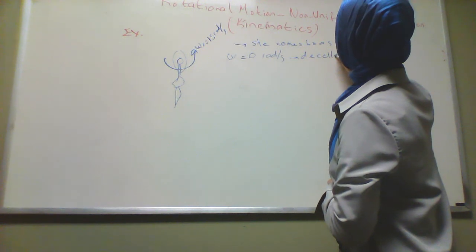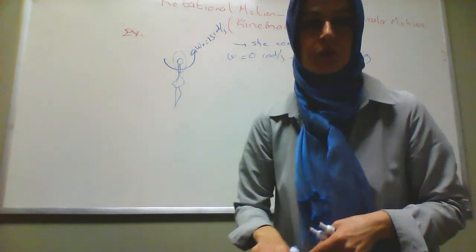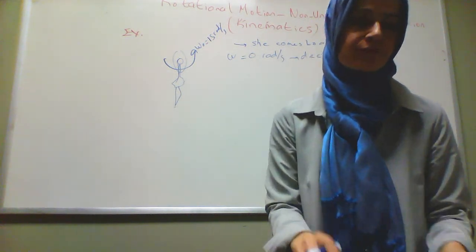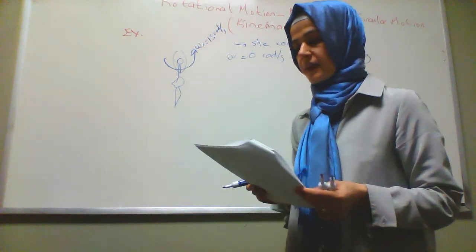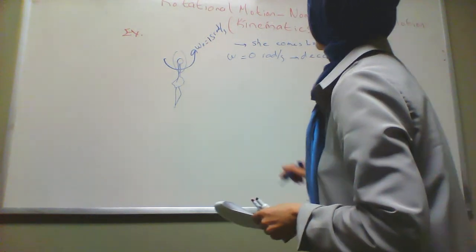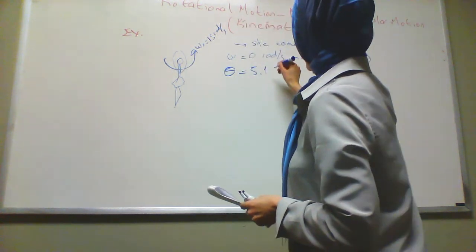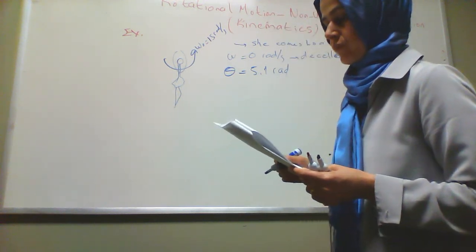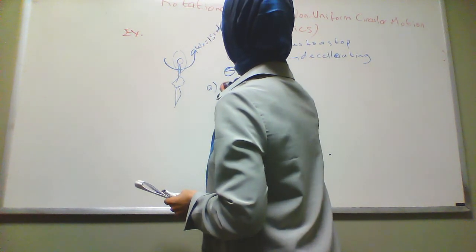So I'm interested in equations with a negative in front of alpha, in front of angular acceleration. During this time, her angular displacement is 5.1 rad. Part A is asking what is her angular acceleration.